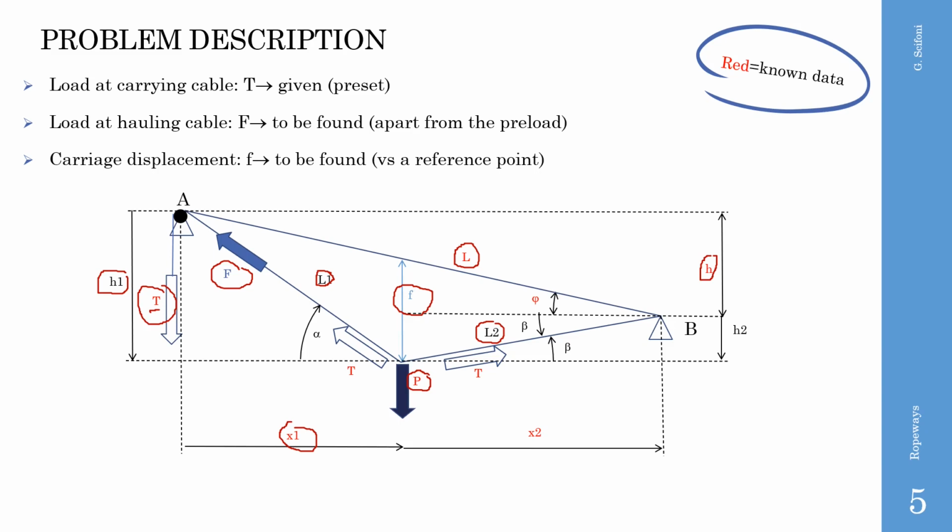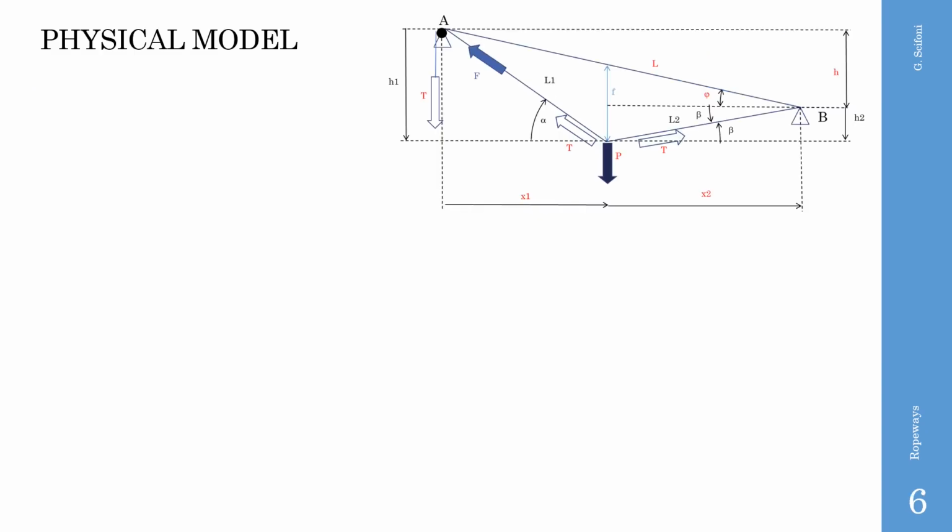They are X2 and H2. Finally, we introduce three angles. Phi is the inclination of the segment capital L, alpha is the inclination of capital L1, and beta the inclination of capital L2.